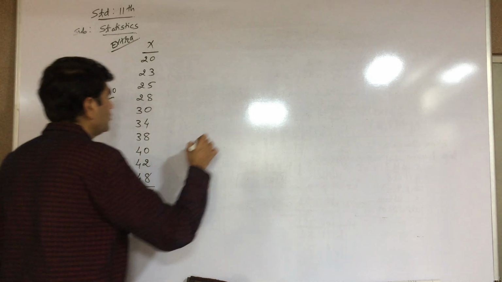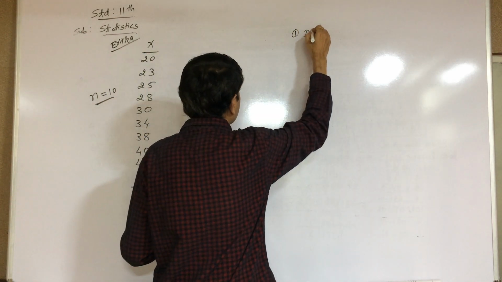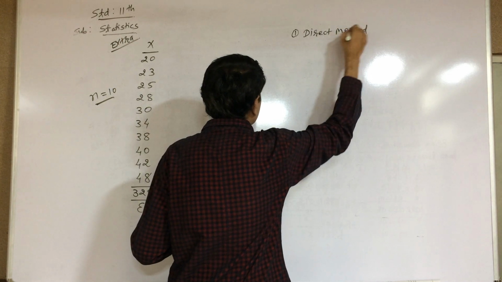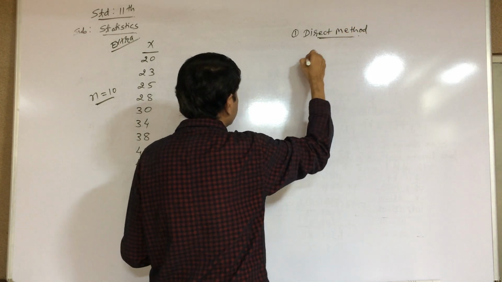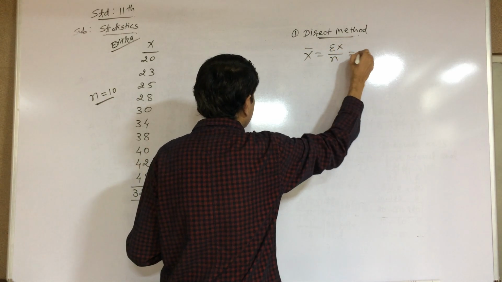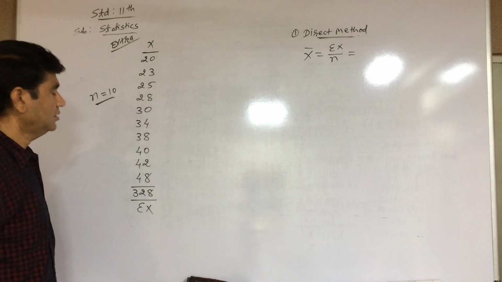Okay. Now first we apply direct method. Yes, we have to write heading: x bar is equal to sigma x upon n. What is the value of sigma x?